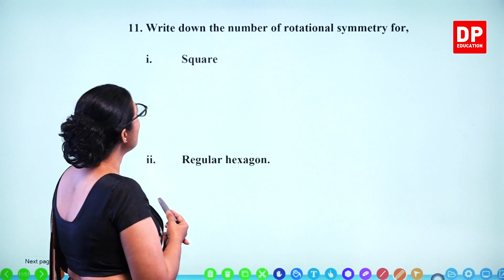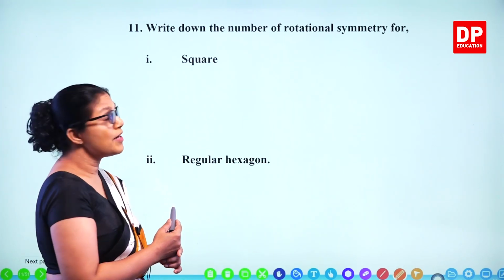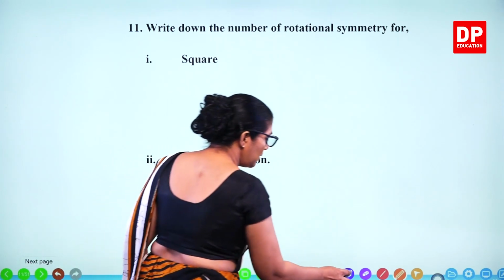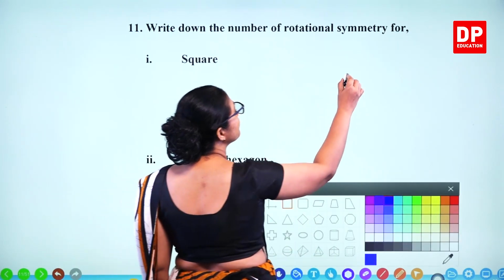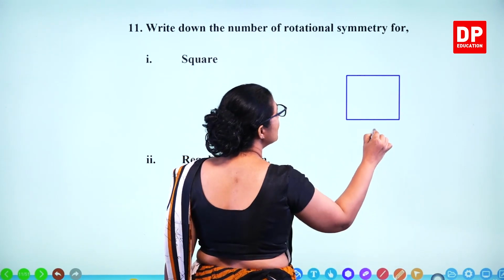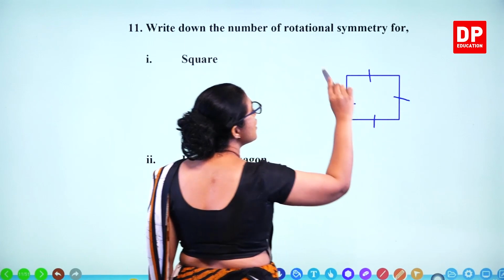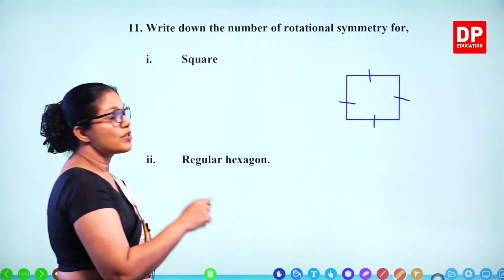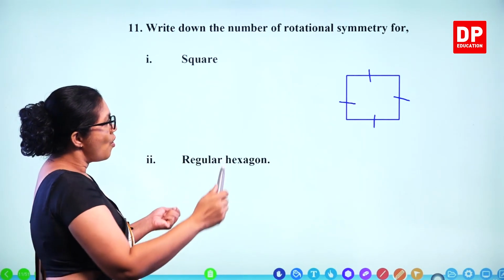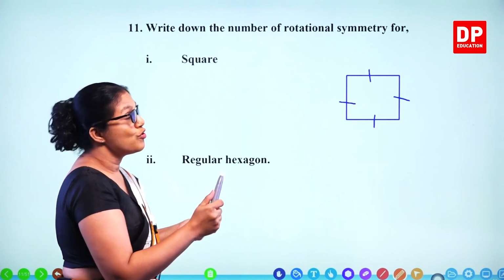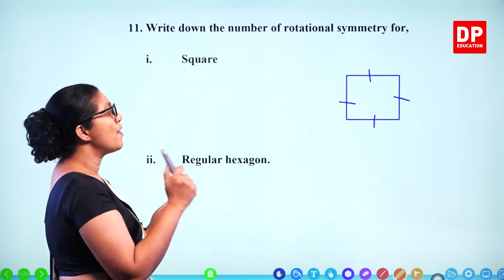Question number 11. Write down the number of rotational symmetry for a square and a regular hexagon. So, square. All sides are equal. So how many rotational symmetries are there? You get 4. We rotate 360 degrees, and when you do that, you get the same shape 4 times.